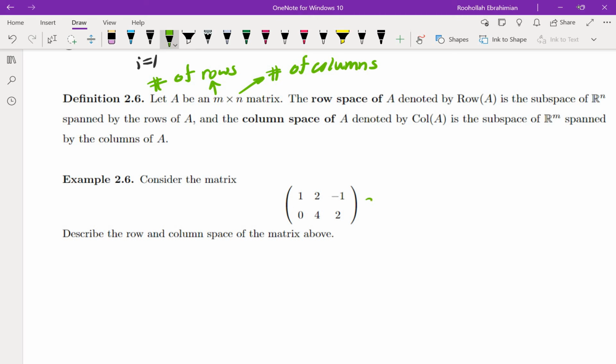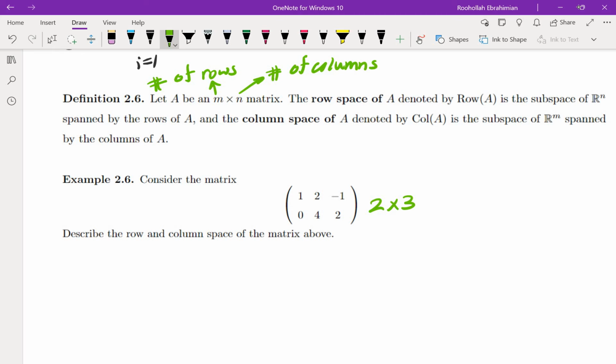For example, this is a 2 by 3 matrix. It has 2 rows and 3 columns. The row space of A, which is the span of rows of A, is a subspace of Rn.